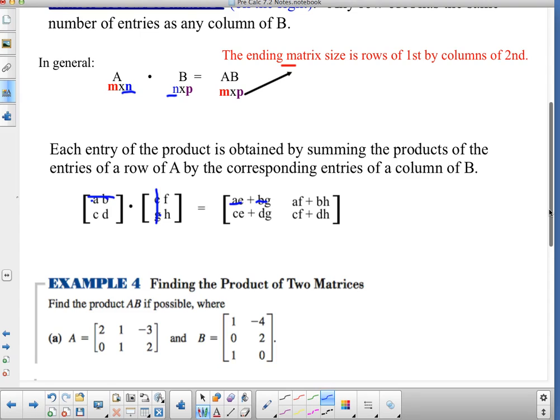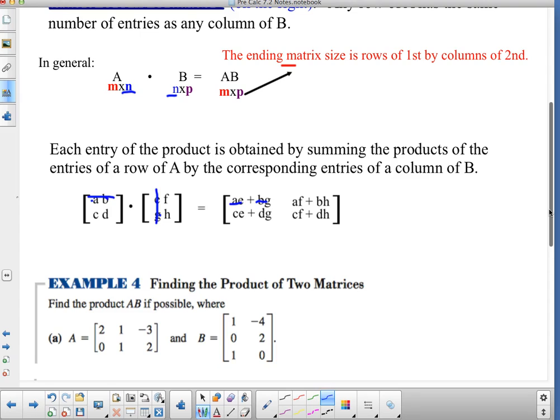It is the pattern that we do this, and this is what your calculator will do. But please keep in mind, you will have a no calculator part of this test, and you will be asked to multiply a 2 by 2 times a 2 by 2, or a 3 by 3 by a 3 by 3. You should be able to do both, but it's row column.